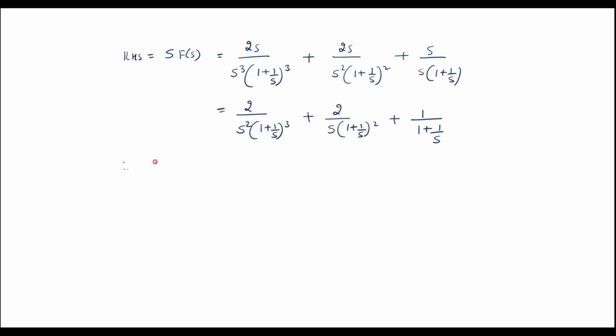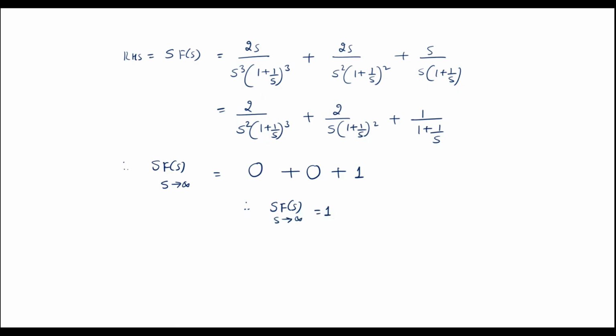So therefore now I can write limit s tends to infinity s f of s, which will be equal to, here s tends to infinity means this term will be 0 plus this term will be 0 plus here 1 upon infinity is 0, so we'll get 1. So therefore s f of s as s tends to infinity is equal to 1.